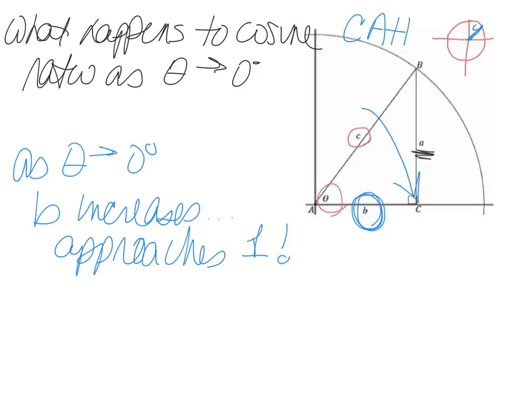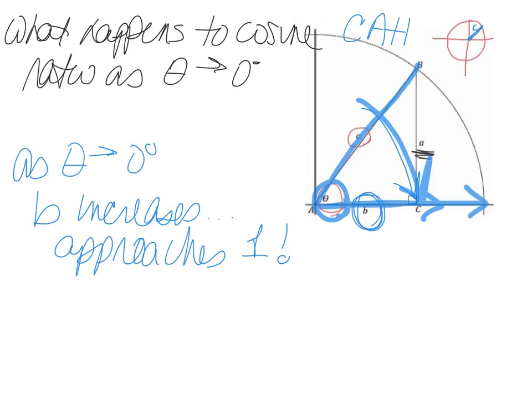Let's look at it. As we close this angle, let's highlight it like we did before, and bring theta closer to 0, B is actually going to get longer and longer and approach the value of 1.